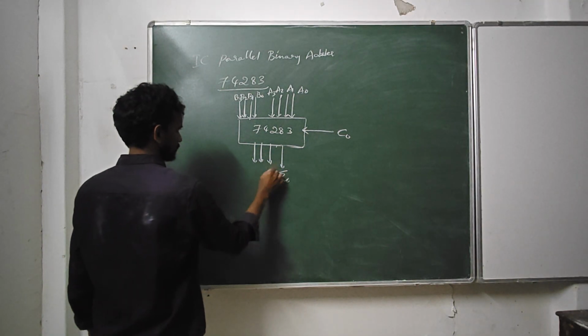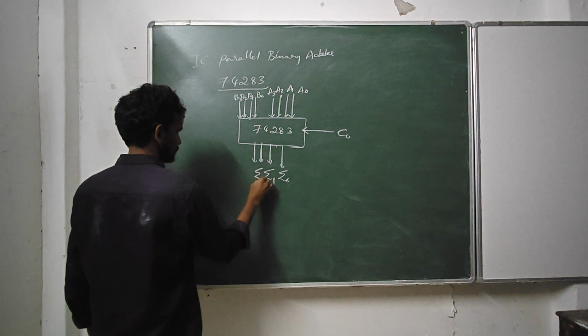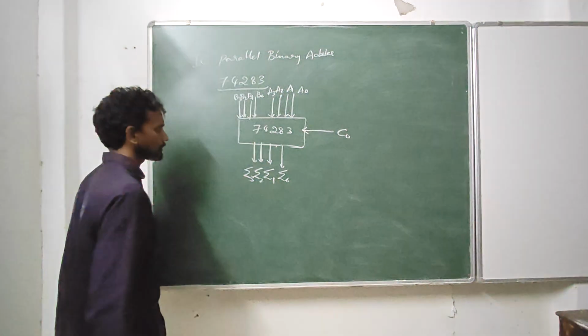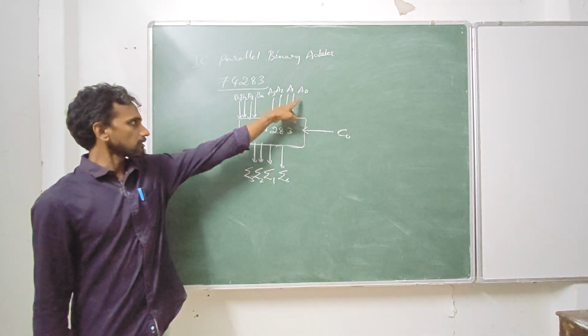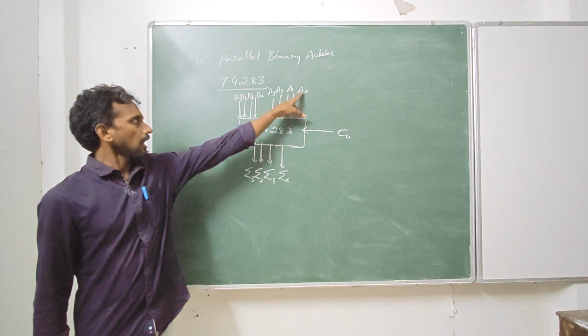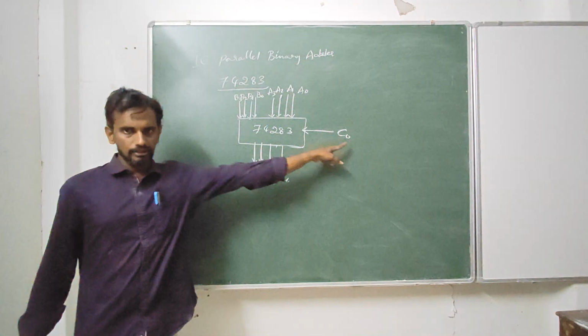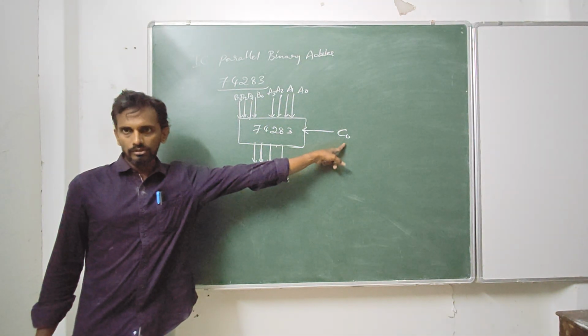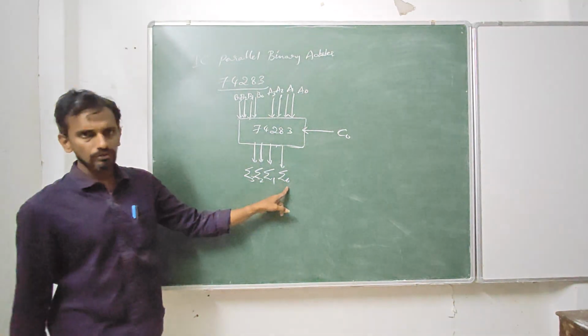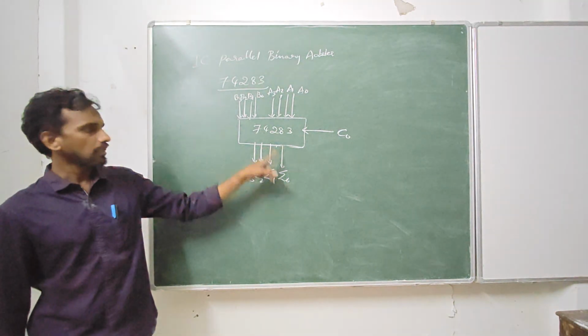The result is sum 0, sum 1, sum 2, sum 3. So this is the first bit. So when you add A0 and B0 including C0, you will get sum 0 and carry 1.